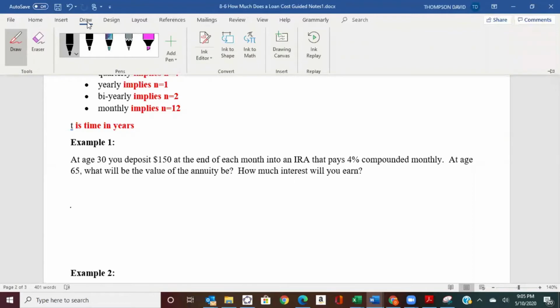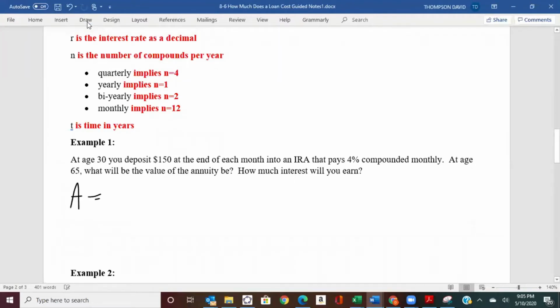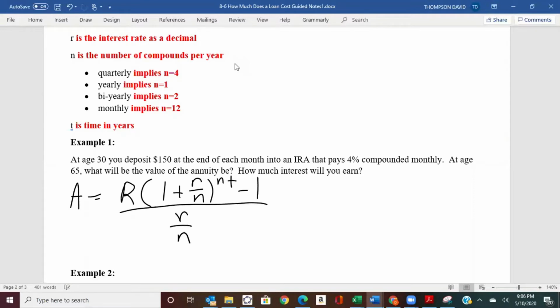So we have A equals R times ((1 plus r over n) to the nt minus 1), all that divided by r over n.